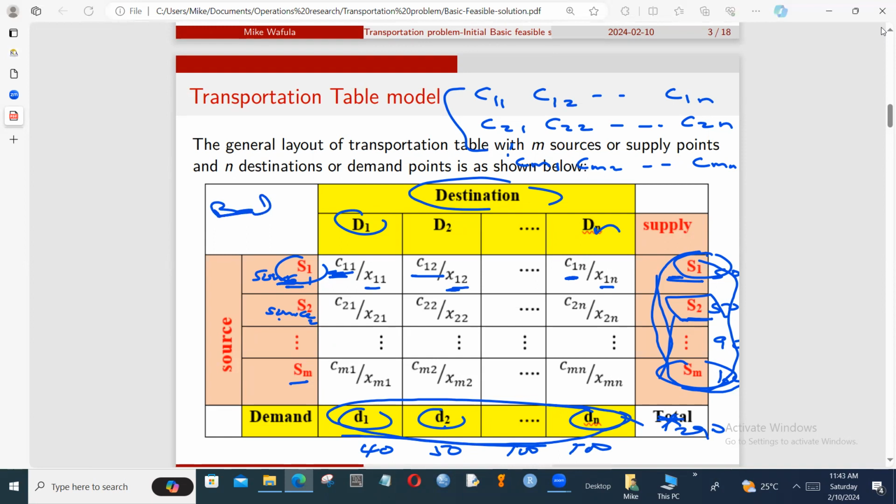But in the event that the total supply and the total demand do not add up to the same figure, then we regard that transportation table as unbalanced.